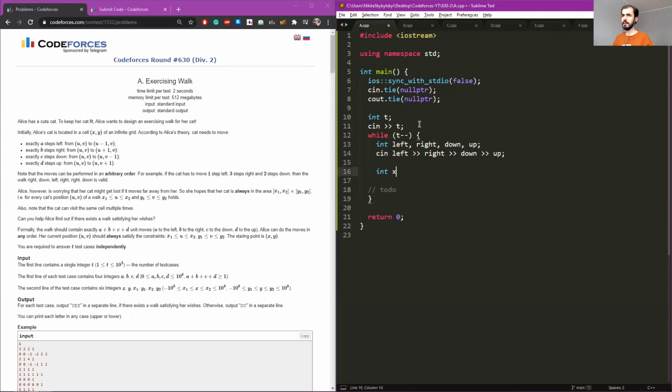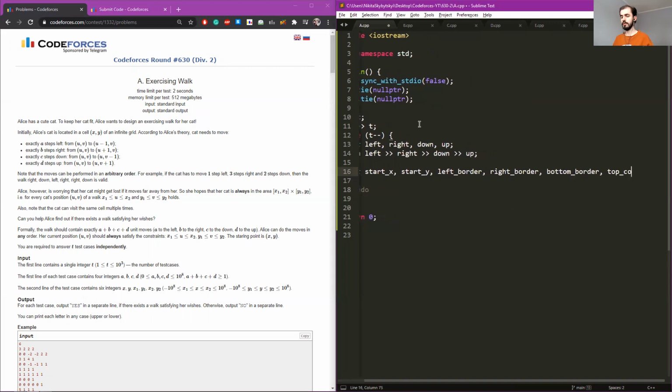So, start x, start y. There's the left border, the right border, the bottom border, the top border.